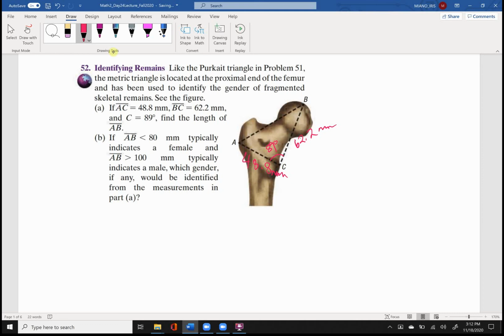Okay, so let's let the length of AB be lowercase c, just so that we have the ability to use this formula. Oops, got a little wonky there with my 2. Let's try that one more time. So that'll be c squared equals a squared plus b squared minus 2ab cosine c, in which lowercase a and lowercase b are 62.2 and 48.8 respectively.